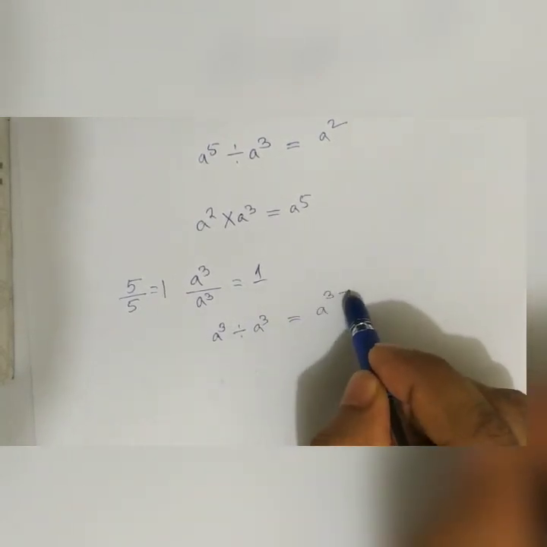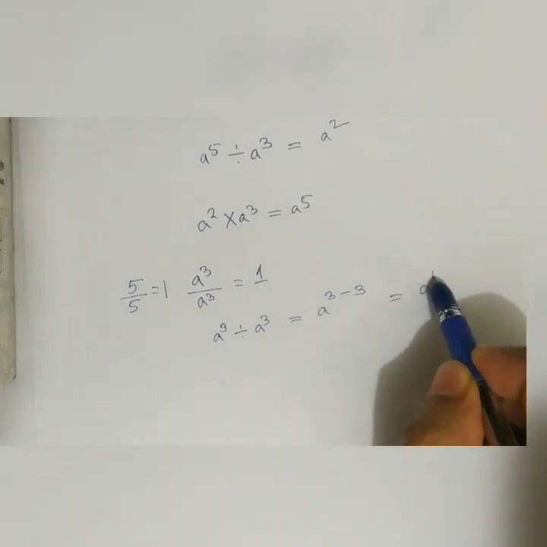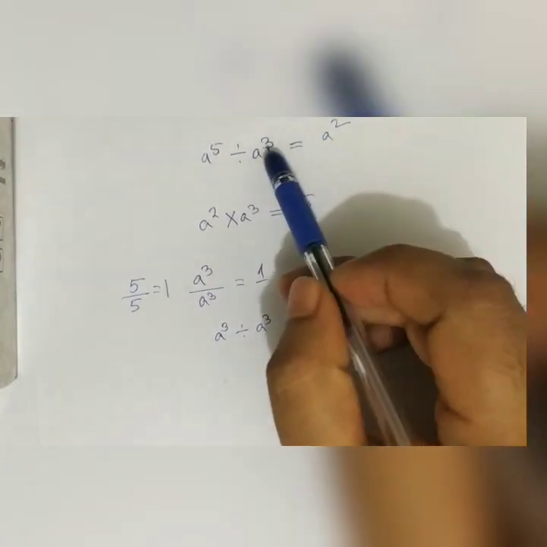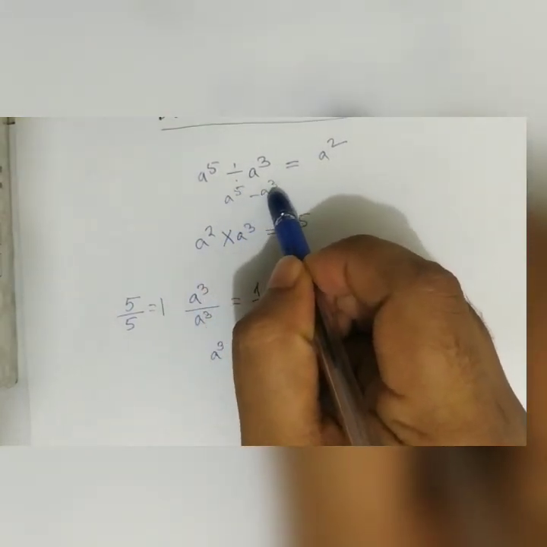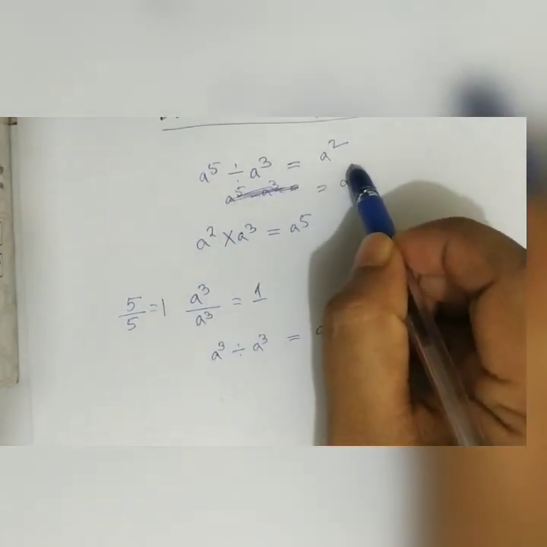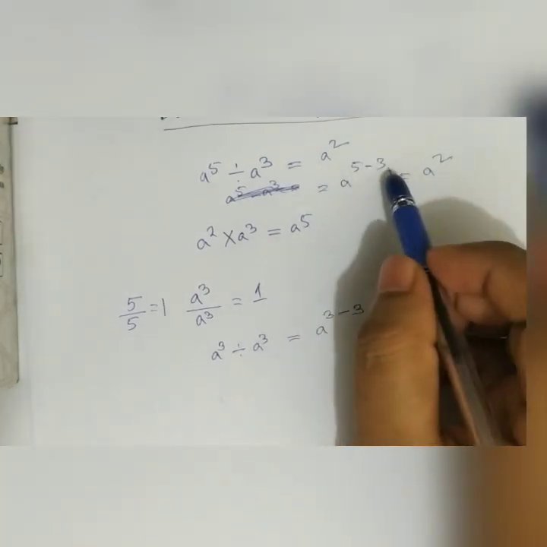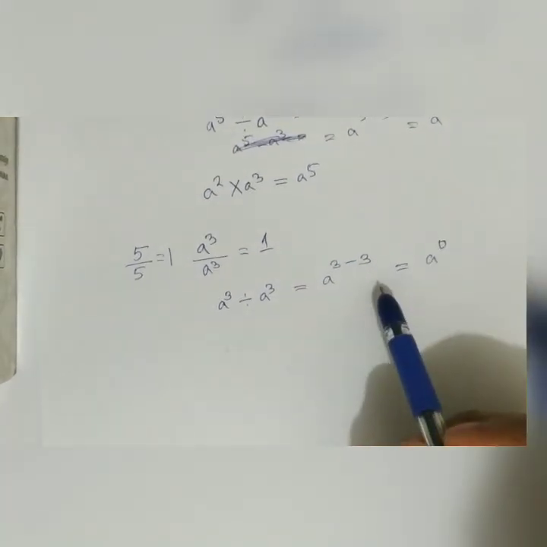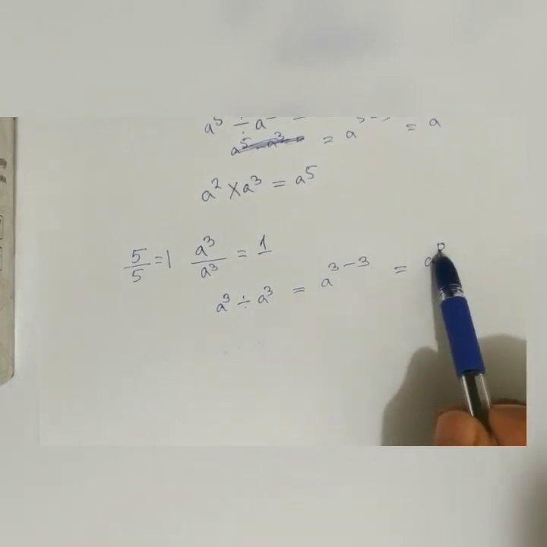That is a to the power 3 minus 3. Correct? So it becomes a to the power 0. In the previous one, a to the power 5 minus 3 equals a square, we got. So the power gets subtracted, so over here also it becomes a to the power 0.